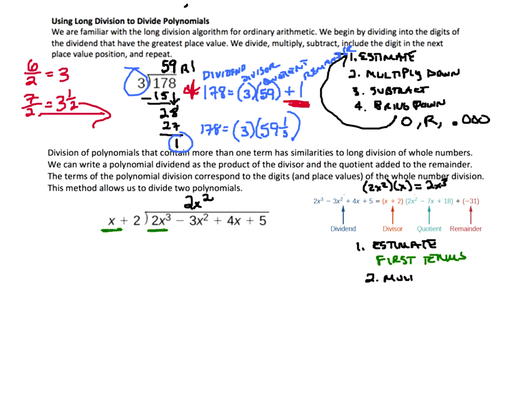Second step, multiply down. So let me get a different color to show this. I've got to multiply by both of the terms in my divisor. 2x squared times x gives me 2x cubed. 2x squared times 2 is positive 4x squared. You're going to subtract.